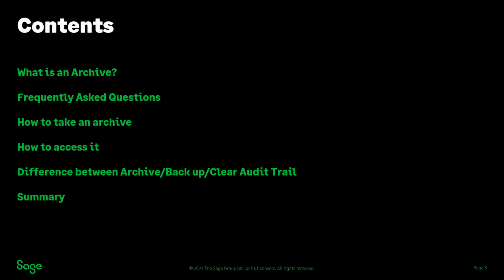So we want to clear up what an archive actually is, how it works and what the benefits are. We also have some frequently asked questions from other sessions. There will also be some demonstration on how to take an archive and how to access it. What are the differences between an archive, a backup, and the clear audit trail process? And then towards the end, I will summarise my session.